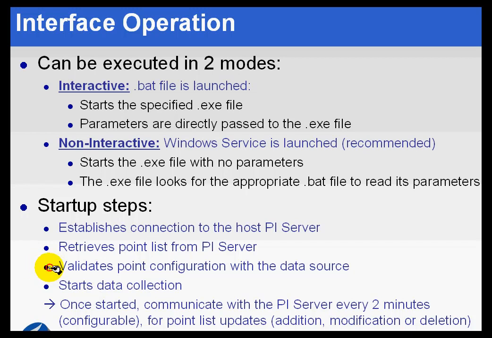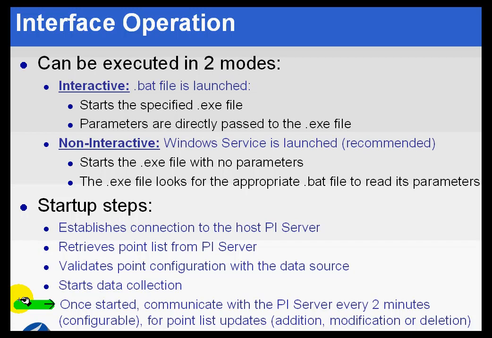So as we validate, we write messages to the message log. Once everything validates, we will go ahead and start doing data collection. By starting data collection, we mean we're going to start scanning the data source and retrieving the data into Pi. Now, if there is any kind of change in the Pi server that will affect the interface, then every 2 minutes that interface is going to check to see if there is such a change.